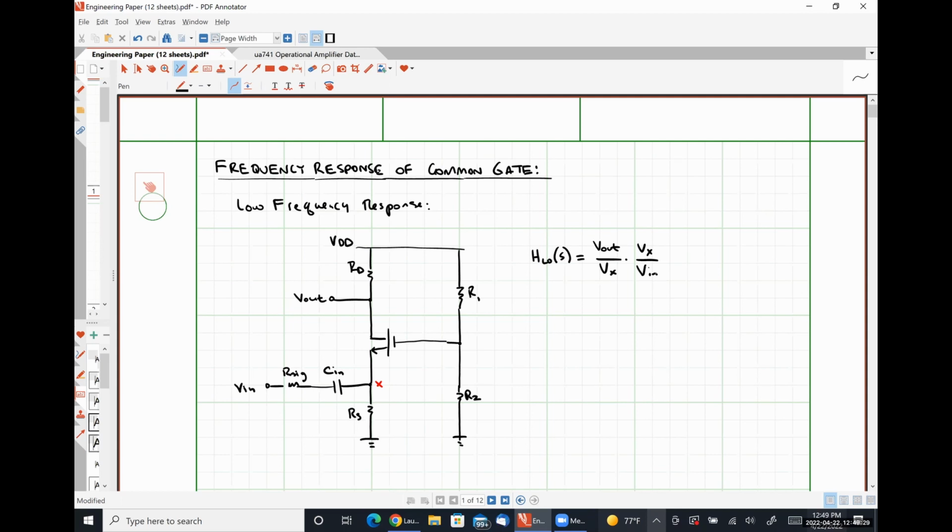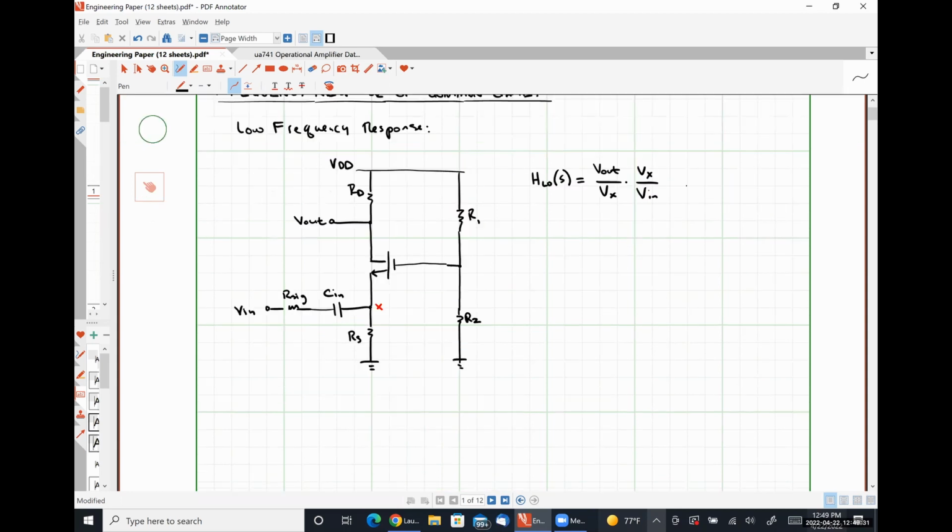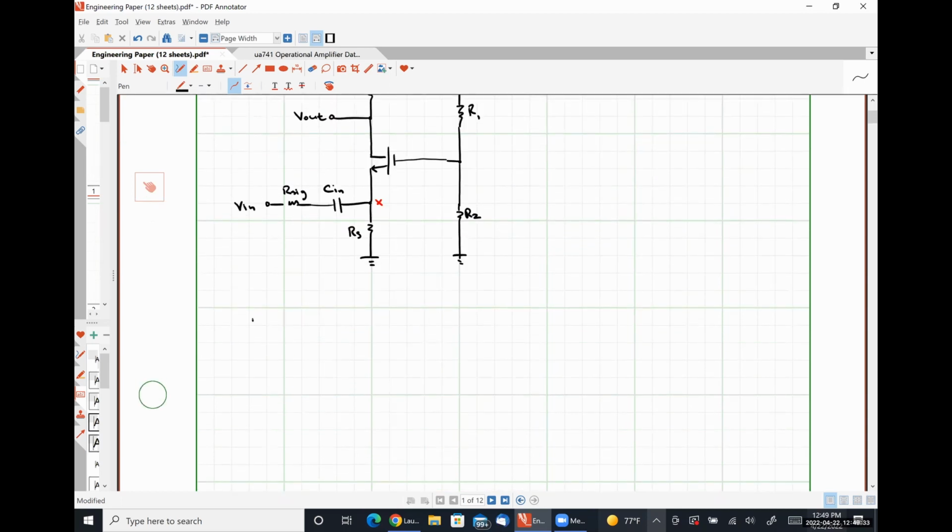So bear with me here. Our transfer function, H of s, is gm RD, because that's V out over Vx. And then we have our voltage divider relationship, where we want the voltage drop over RS in parallel with 1 over gm. So that's going to be in the numerator.